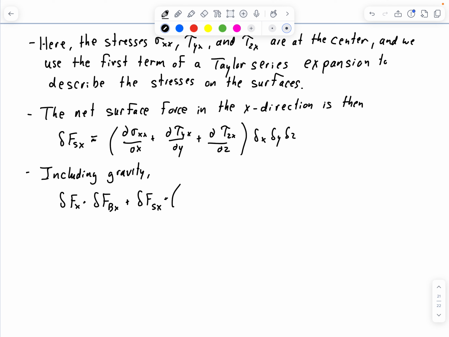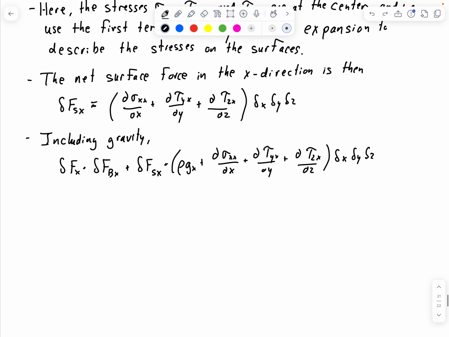So this will just become rho gx plus del sigma xx by del x plus del tau yx by del y plus del tau zx by del z, multiplied by delta x, delta y, delta z. So here's our gravity term right here, and our surface terms are there as well. Okay, so this is all for just the x direction.